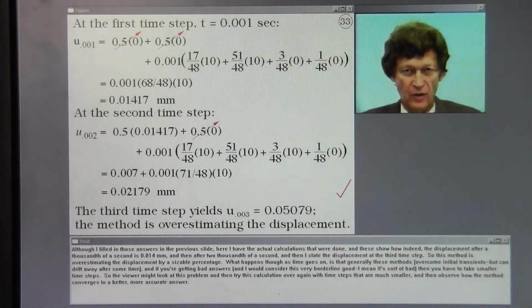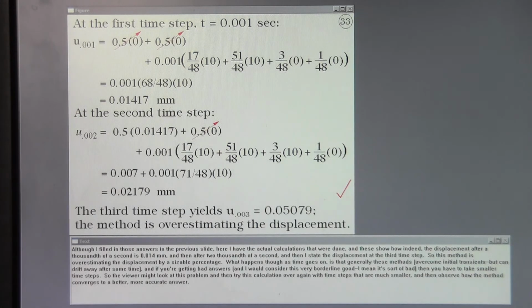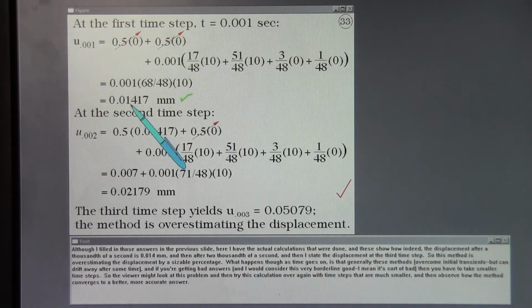Although I filled in those answers in the previous slide, here I have the actual calculations that were done, and these show how indeed the displacement after 1,000th of a second is this 0.014 millimeters, and then after 2,000ths of a second, and then I just state the displacement at the third time step. So this method is overestimating displacement by a sizable percentage.